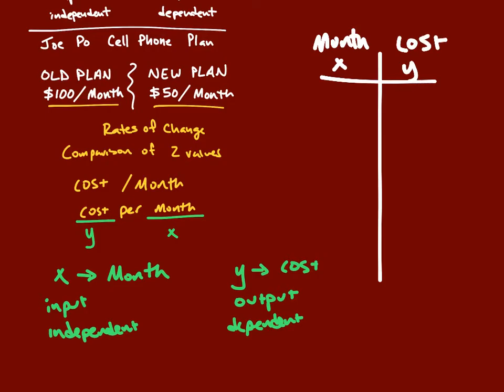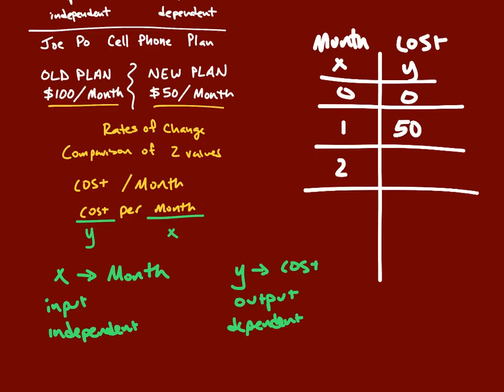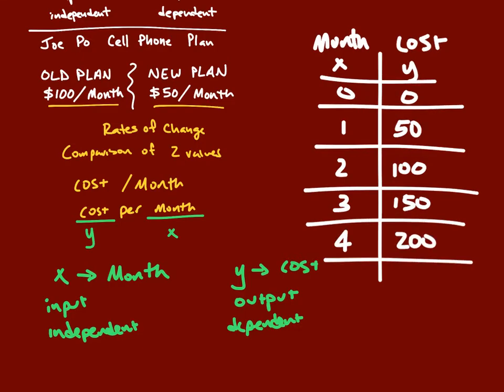After 0 months, I've paid $0. After 1 month, I've paid a total of $50. After 2 months, I add another 50 and that gives me $100. After 3 months, that's $150, and after 4 months, that's $200, which is a vast improvement over my old plan.